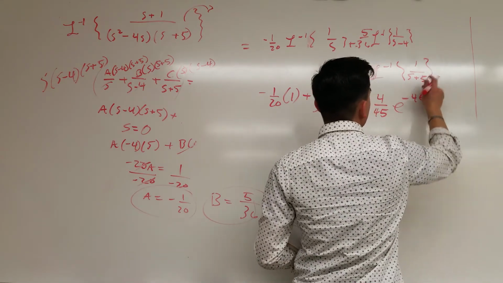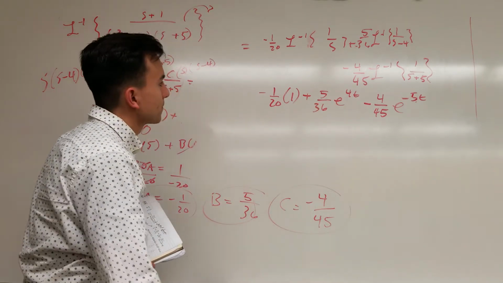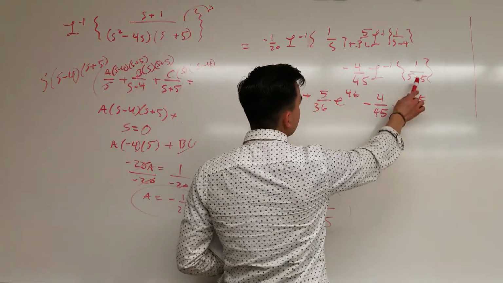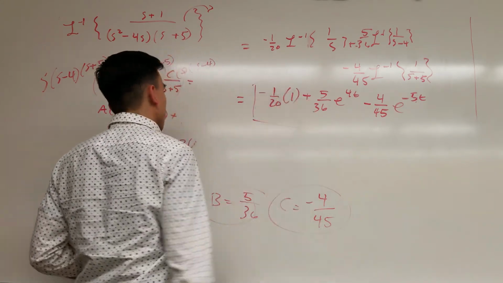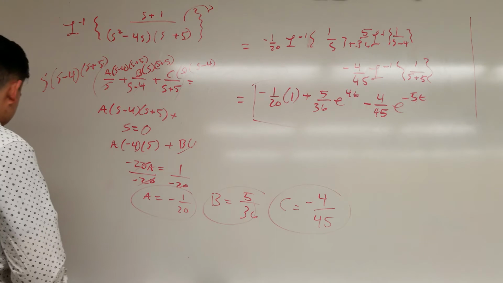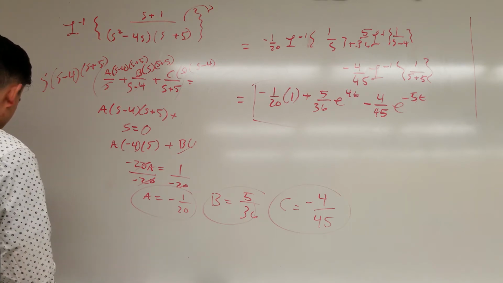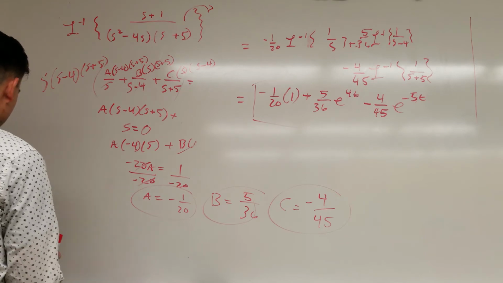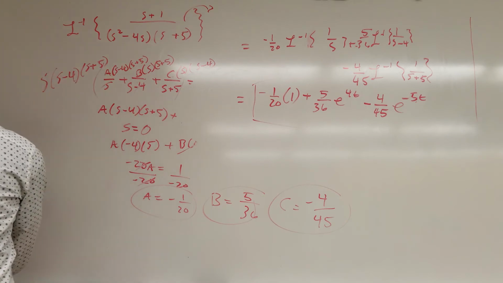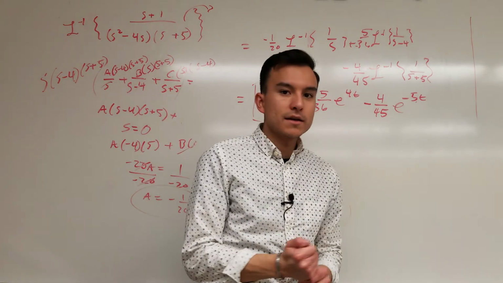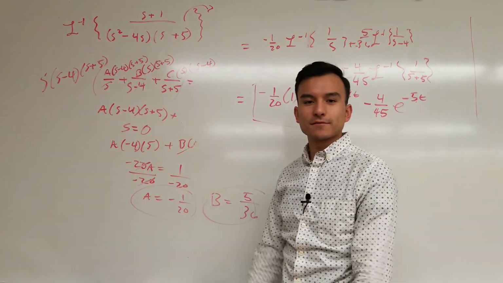Excuse me. So e to the negative 5t. All right? And that's how we find the inverse of that. And that is basically the inverse Laplace transformation of a differential equation.